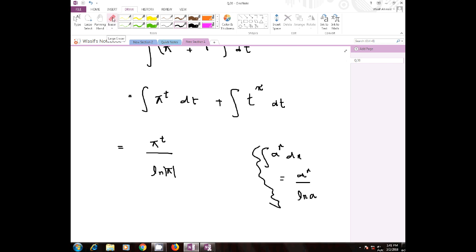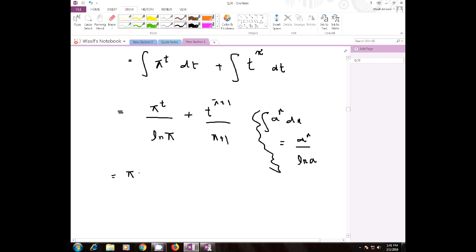Since pi is positive, there is no need to write the symbol of absolute value, so we can simply write ln pi. And similarly in the next integral, pi is a constant, therefore we can apply the power rule of the integrals. t raised to the power pi plus 1 divided by pi plus 1.